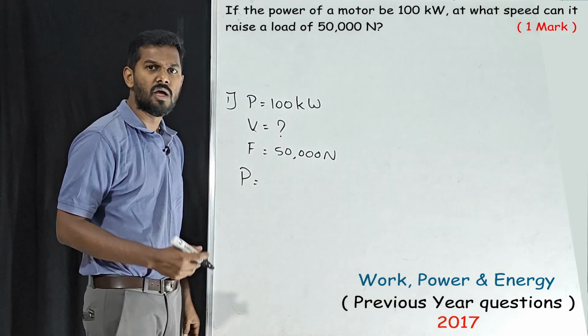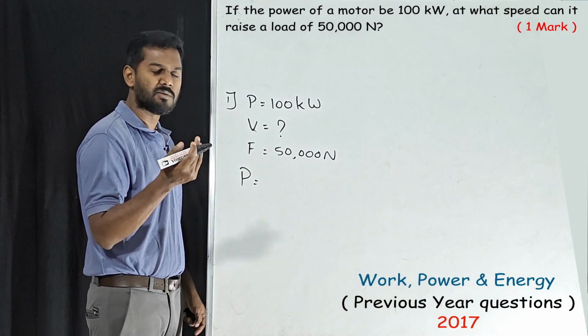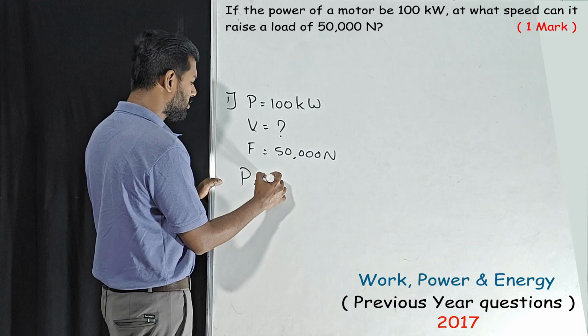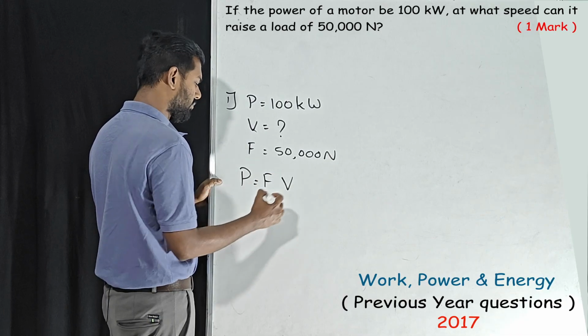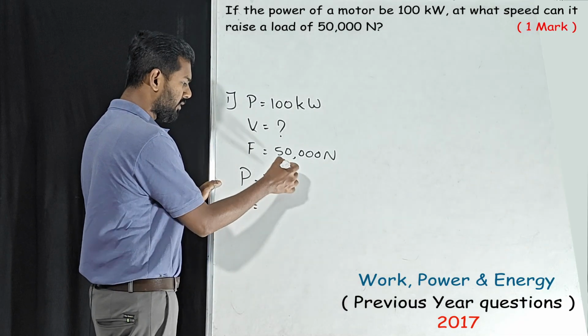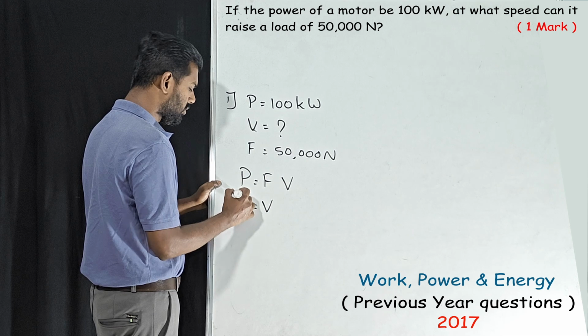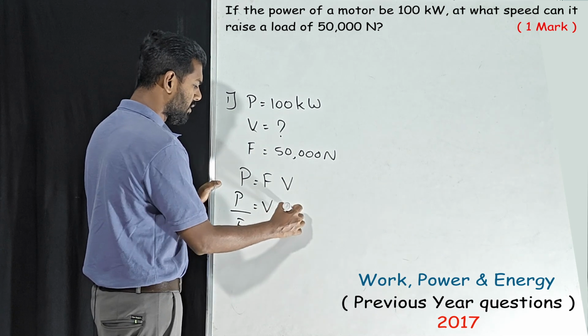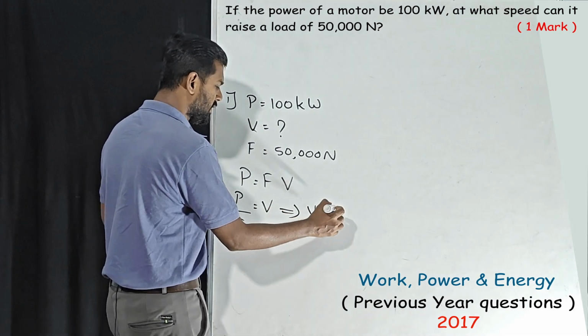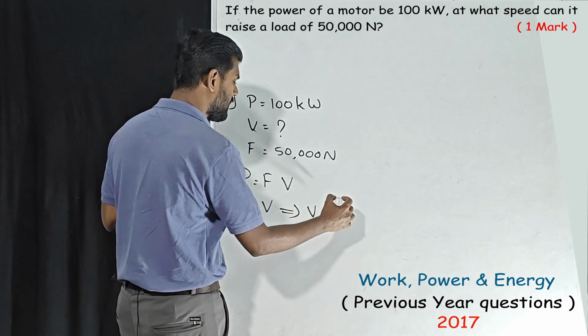So what is the formula? If you have seen the numerical videos, then this is a very simple formula: P equals F into V. We want V, so V equals P by F. Then V equals, what is P?